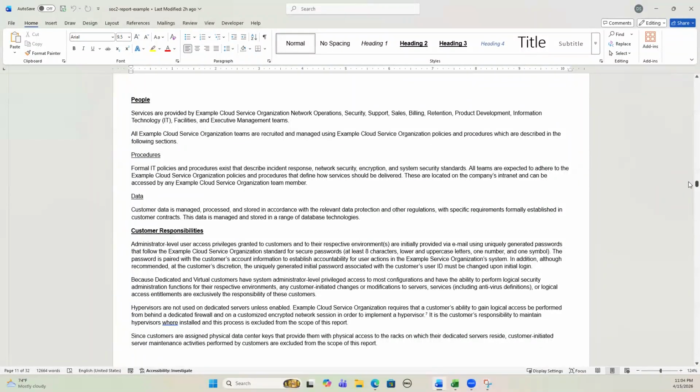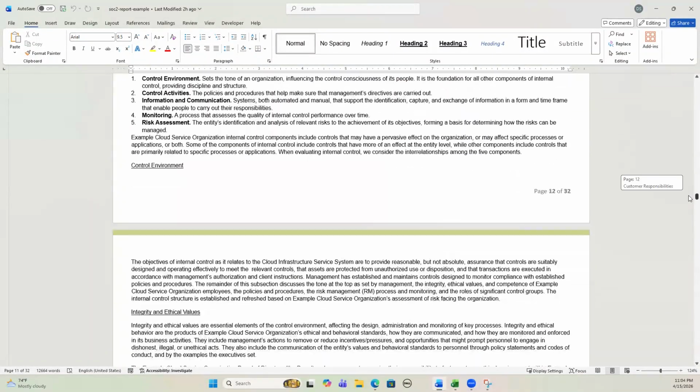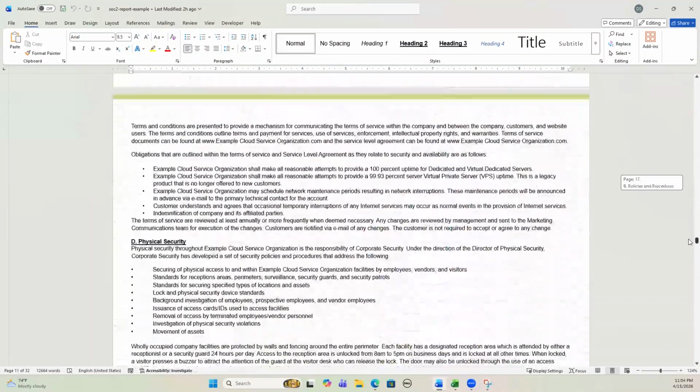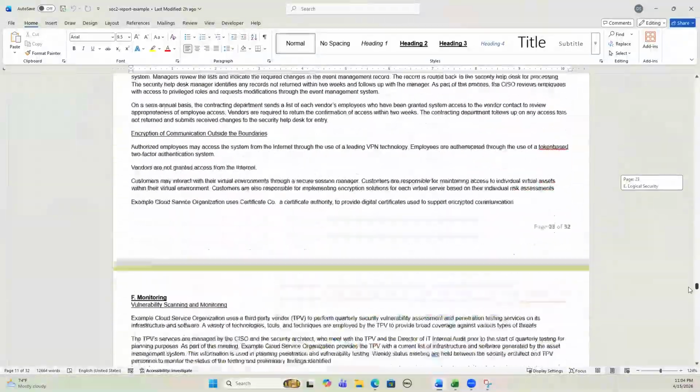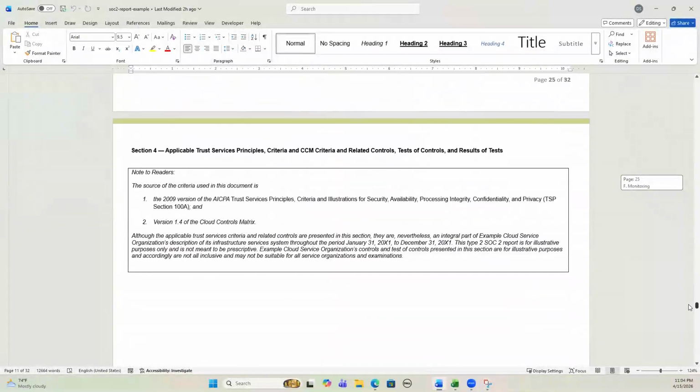Okay. So let's skip to page 26. The next most important section here: applicable trust services principles, criteria, and CCM criteria.